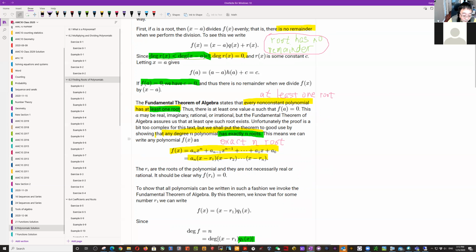So including all these scenarios, an nth-degree polynomial will have exactly n roots.